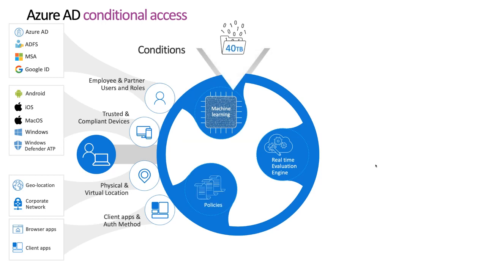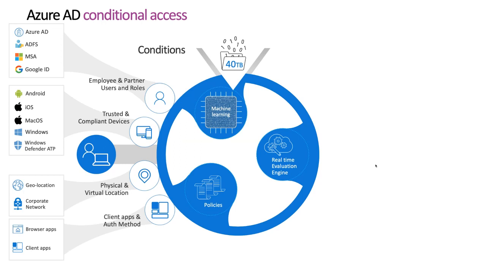What that does is use Microsoft Azure's machine learning, real-time evaluation, and policies across the global infrastructure that Microsoft have in play for this, and applies all of that intelligence onto your tenancy. That enables them to utilize known bad information from other instances that are using Azure Active Directory, and apply it back to your instance.